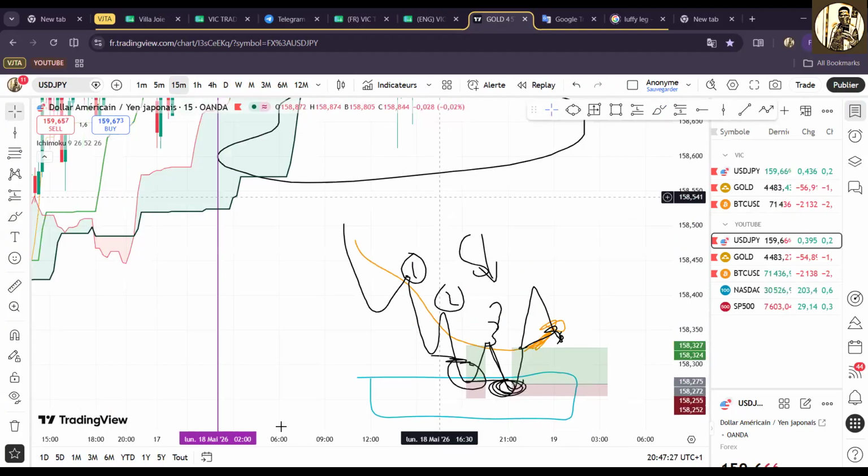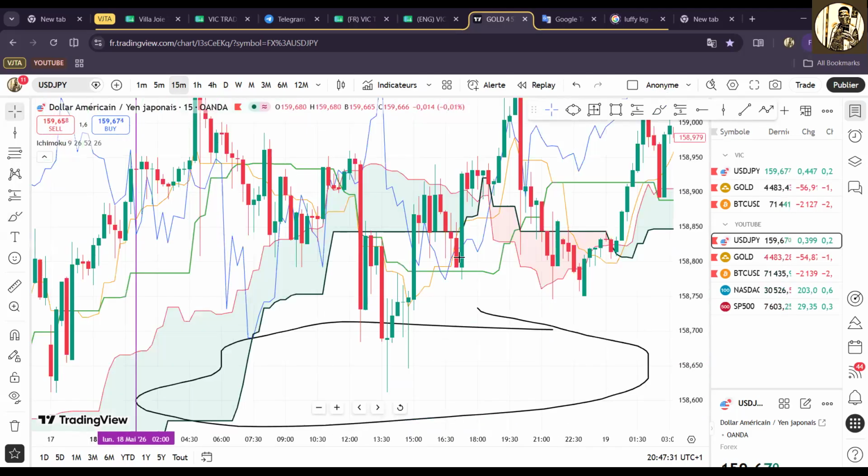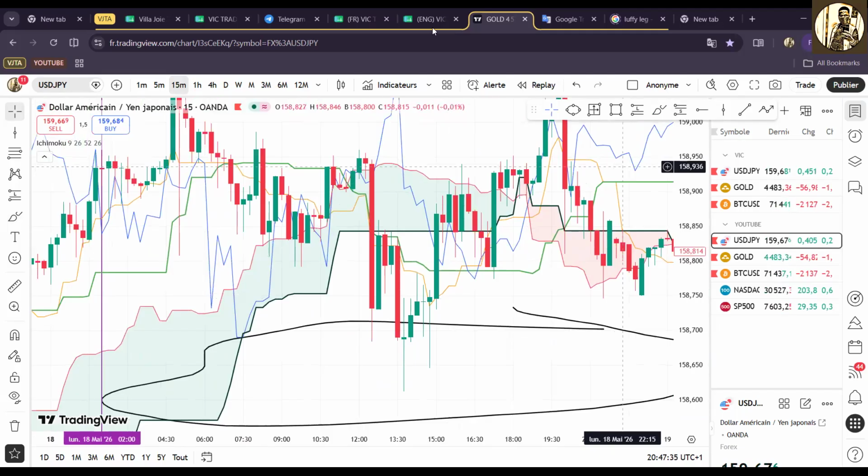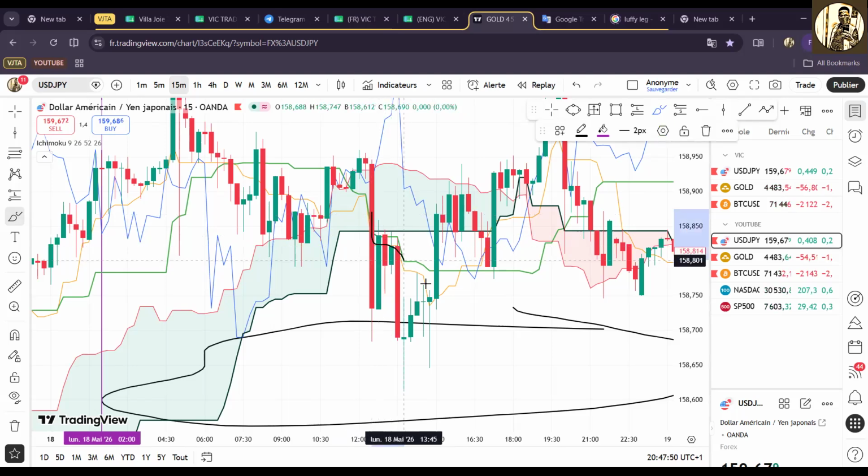So that's what happened a little bit on this part. We are on 15 minutes. Here is Tenkan 15 minutes going down like this. You have the first Tenkan touch that is combined with Kijun and SSB. I would just call it the first Tenkan touch.